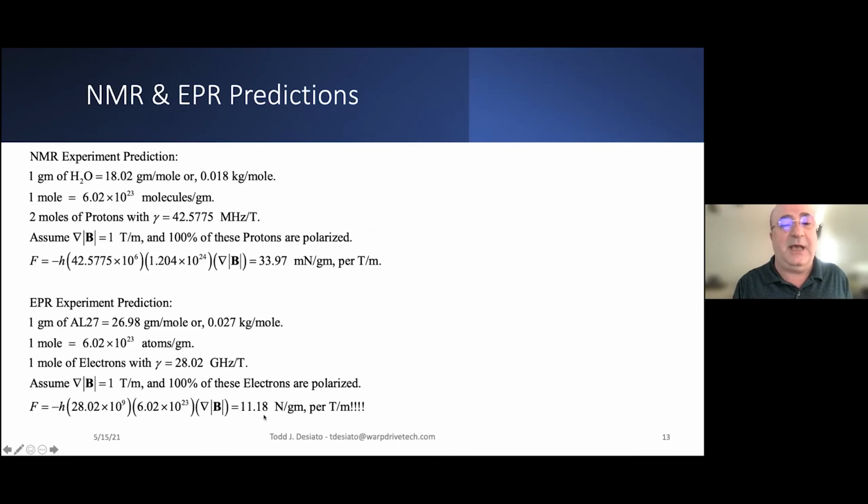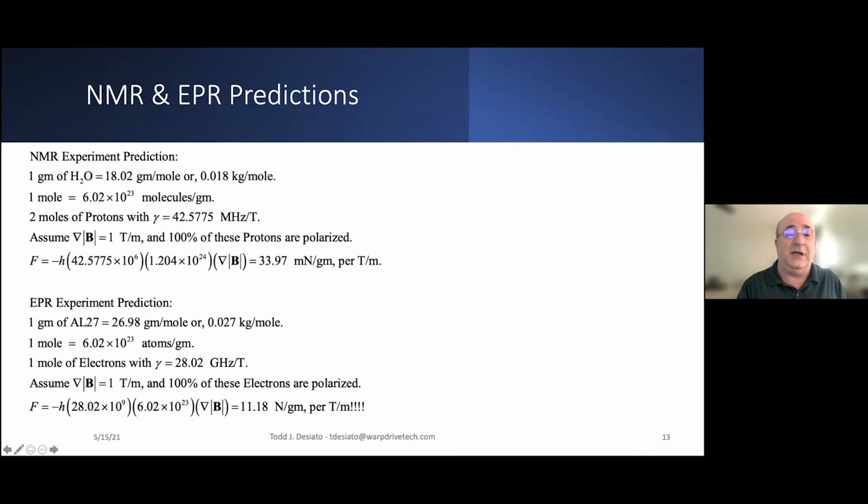If you can get free electrons to resonate throughout the hull of the ship, and throughout the ship and all its passengers and everything together, you can exert an enormous force with a relatively mild gradient magnetic field. Now, the strength of the magnetic field you need to get 100% participation is probably very large, and I didn't make that calculation. But even at, let's say, 40%, it's still huge. So this is the key.